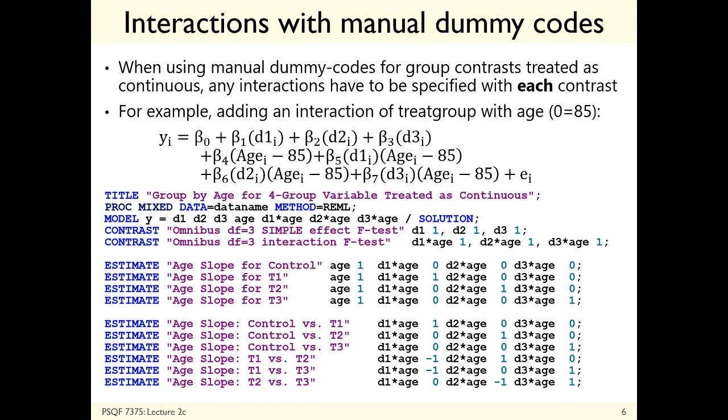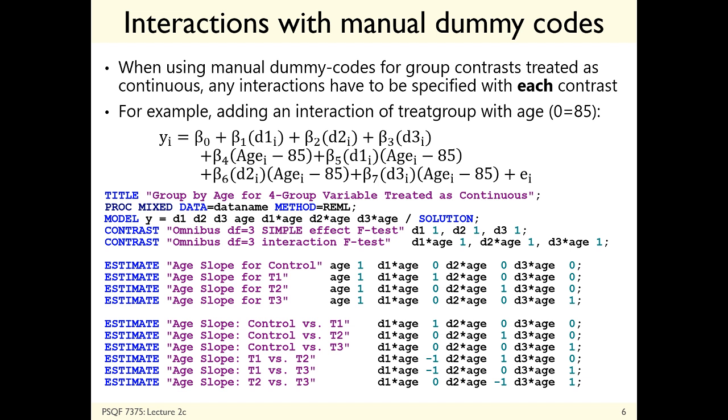So the logic of these estimate statements is exactly the same as what we did last week. To get what the effect of age is, we start with the model and pull out any terms that have to do with age. So when I say age 1 right here, what am I talking about? What do I need 1 of according to my model? Which beta?